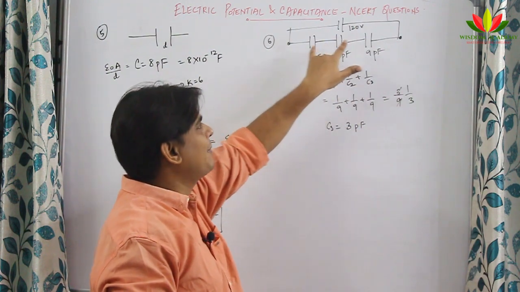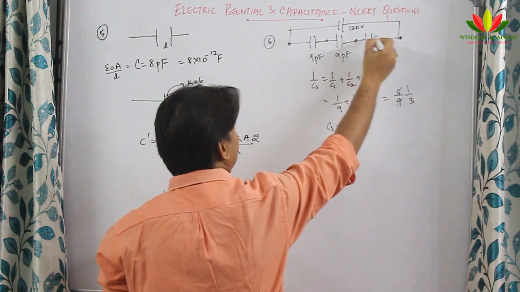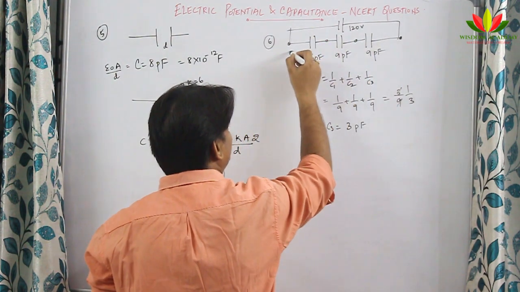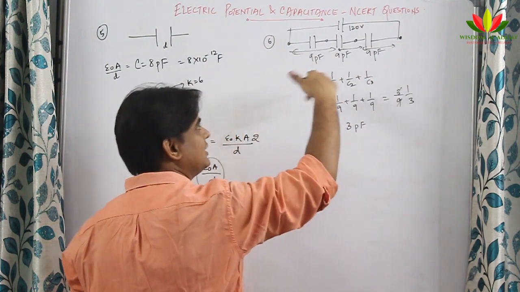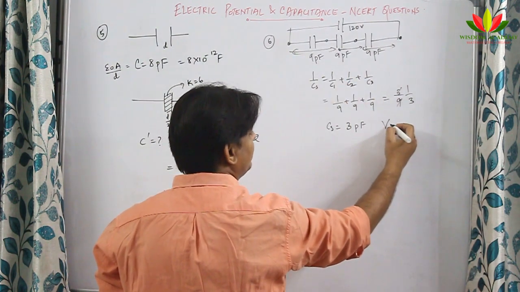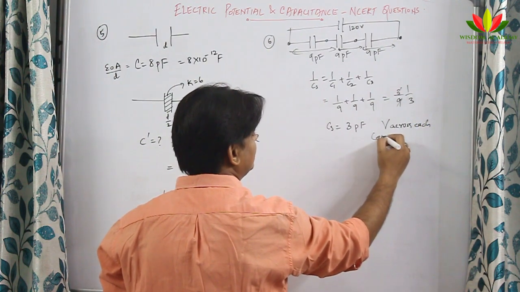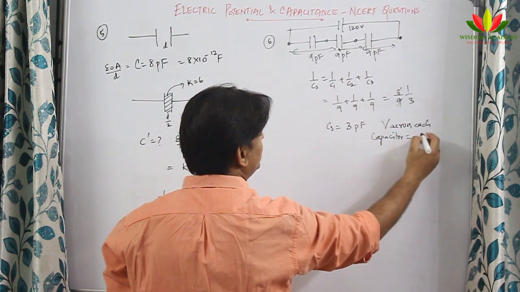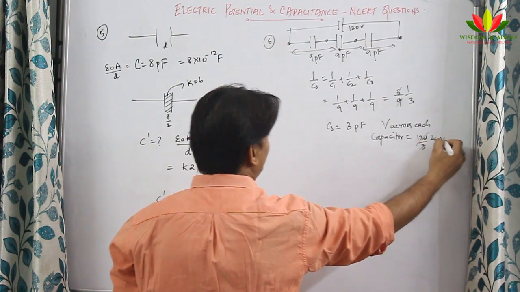Luckily here we have the same capacitance, 9, 9 and 9. So the potential drop across each of these 3 will be the same, that is 120 by 3. So V across each capacitor is equal to 120 by 3, that is 40 volt.